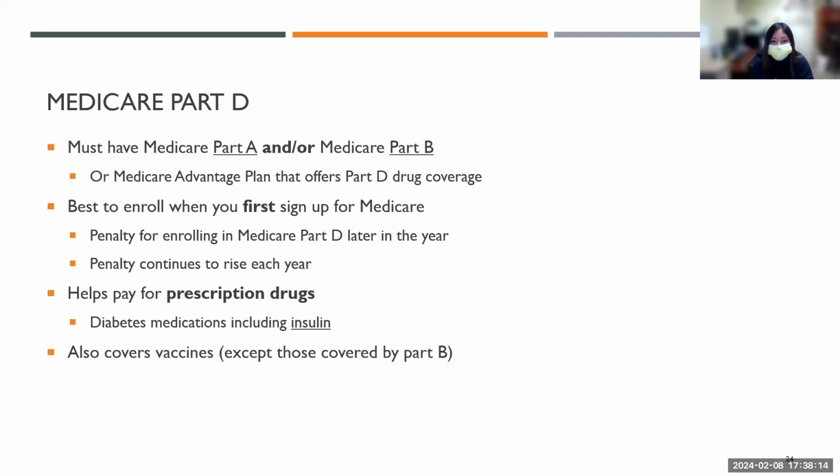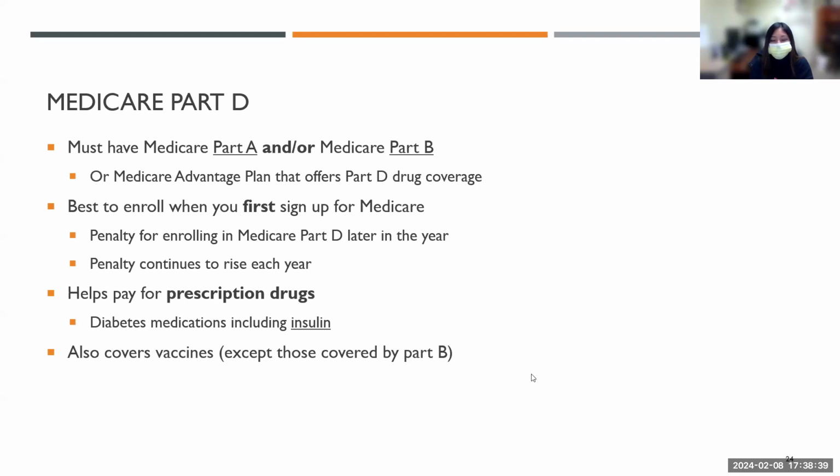And in fact, if you continue to delay enrolling for Medicare Part D, each year the penalty is going to keep accruing and rise. So that's sort of an incentive for people considering Medicare to definitely sign up for Medicare Part D at the very beginning when you're starting to sign up for Medicare plans.